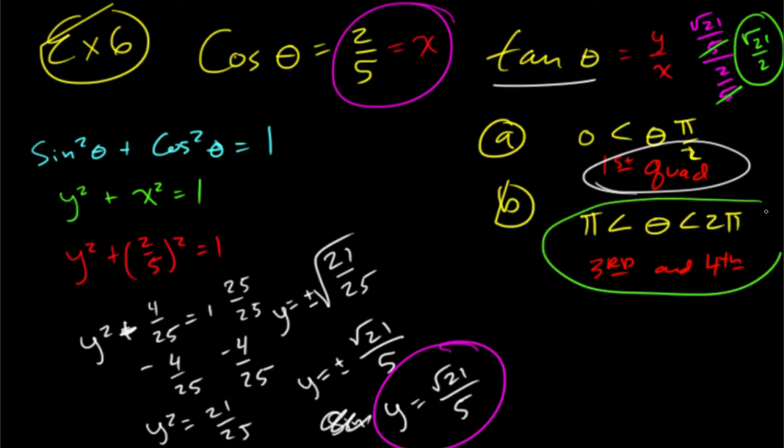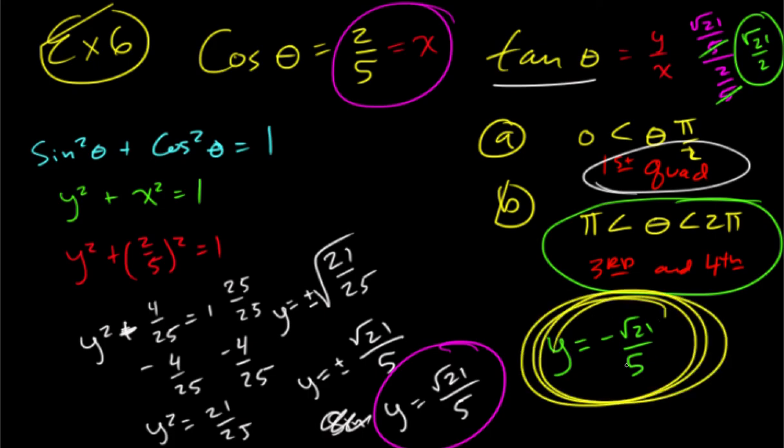Now, if we're in the third and fourth quadrant, then our y has to be negative. And so the only thing that's going to change is that instead of dropping the negative here, I'm going to drop the positive. So now I'm going to think of my y as being this.